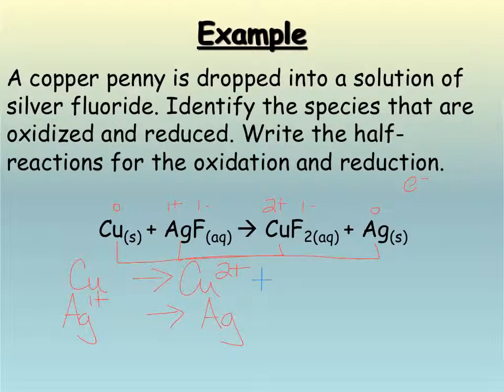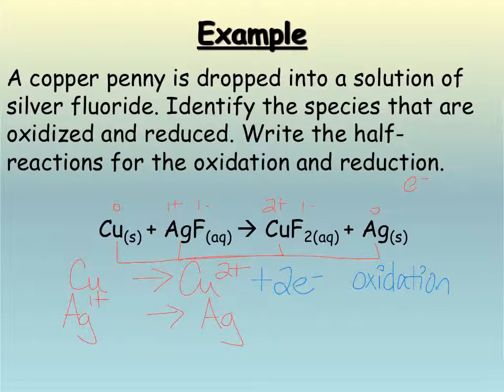So I need to add 2 electrons over here, and that will cancel out that 2 plus. 2 plus 2 minus gives me 0, and my other side was 0. We obviously know that this is losing electrons, and oxidation is losing. So this is our oxidation half reaction.